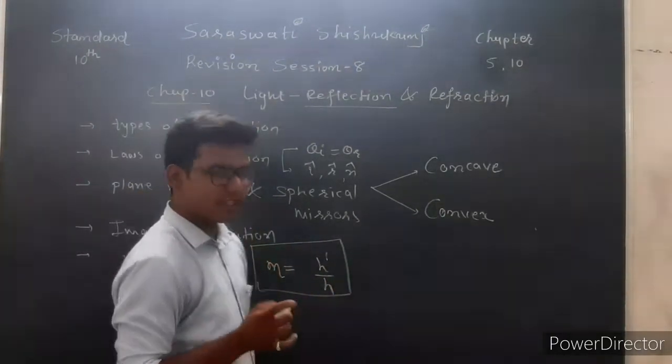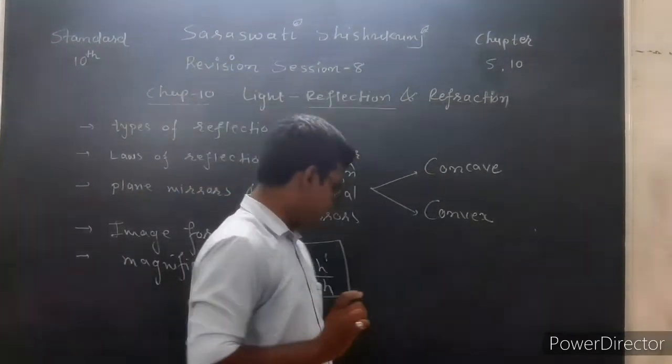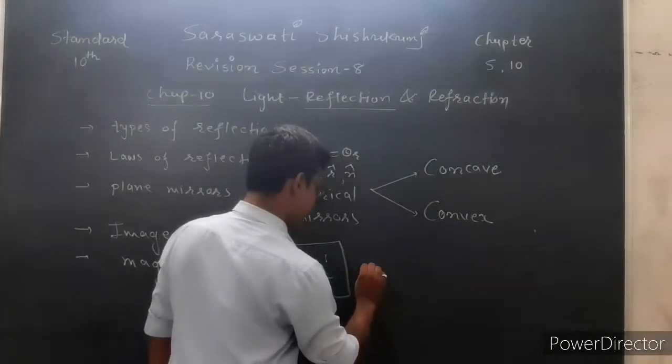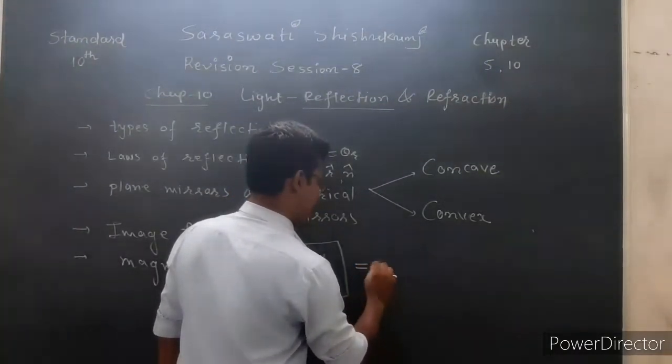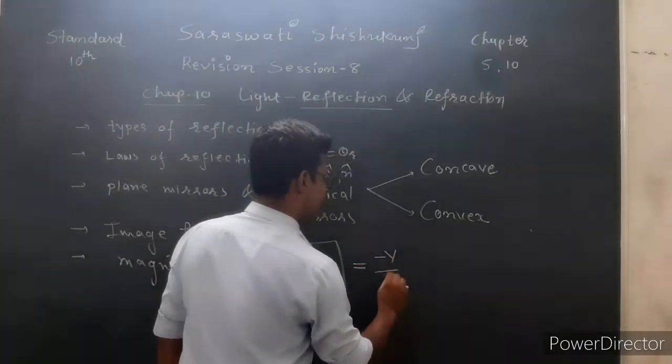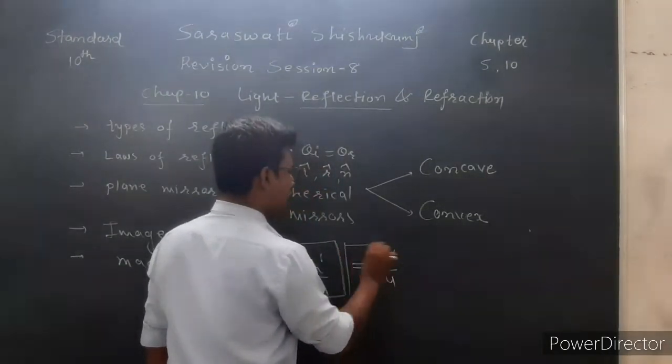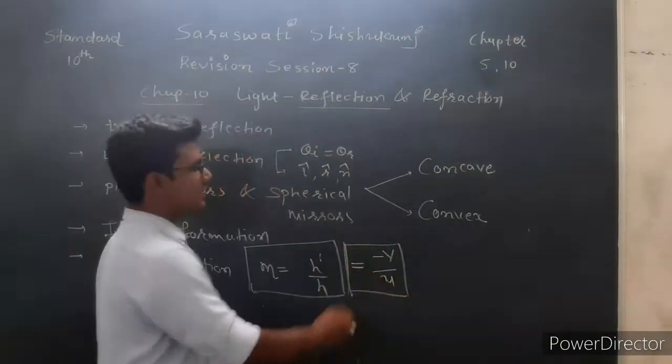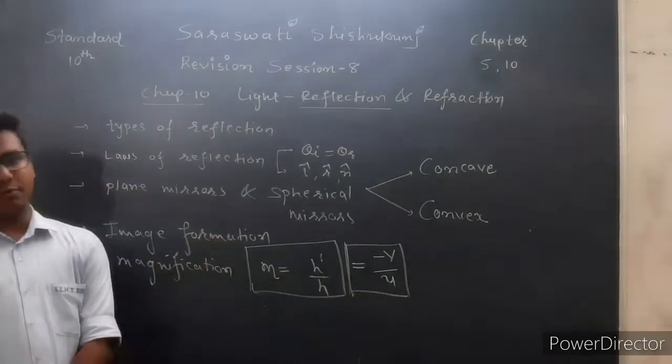If we want to write this formula in terms of v and u, we can also say it is equal to minus v by u. For mirror, that will be minus v by u. Keep this in your mind.